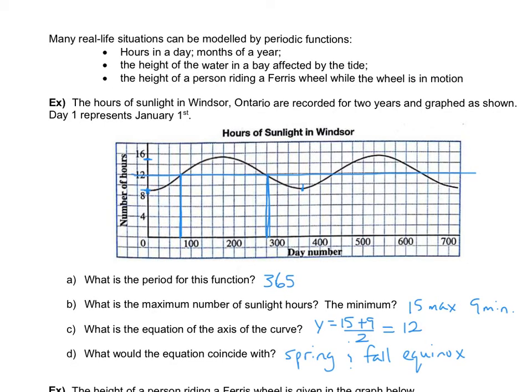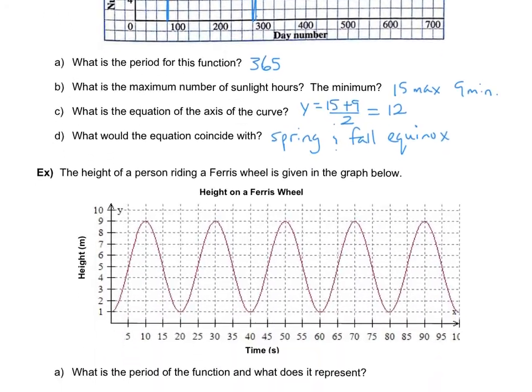So that's a little bit of geography pulling into our math course here. So these would represent our spring and fall equinox values. The max would coincide with our summer solstice, and the min would coincide with our winter solstice. All right, I did like geography.